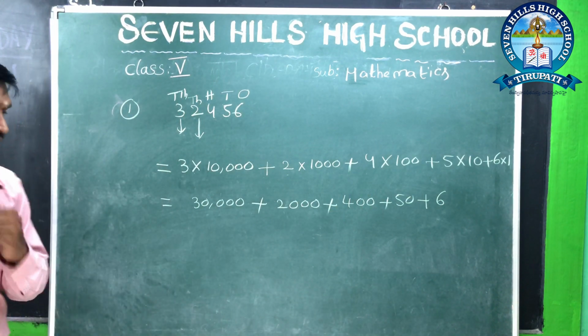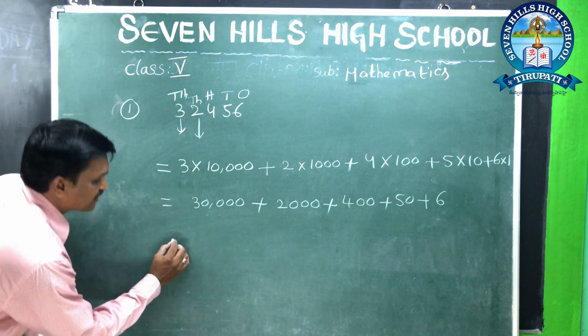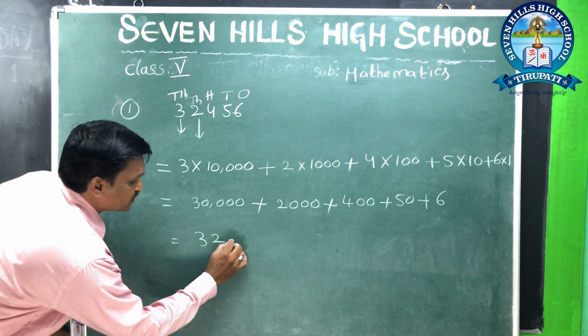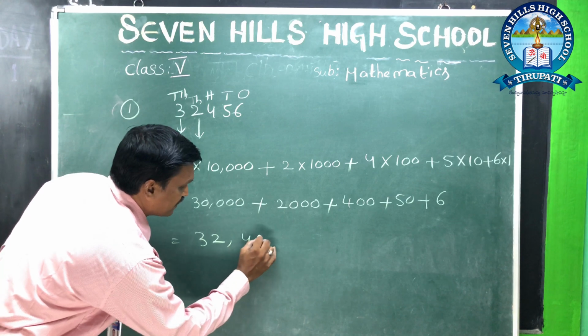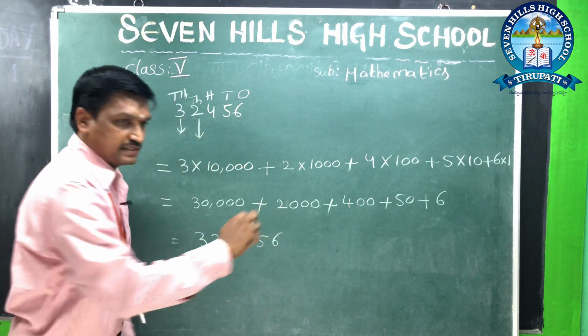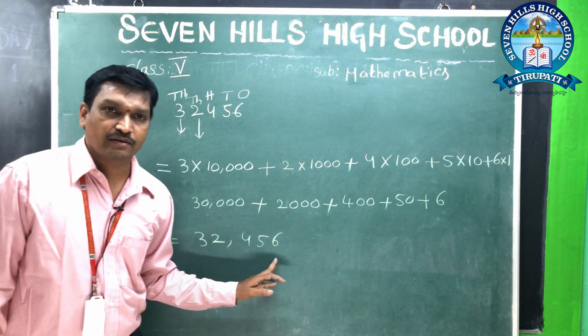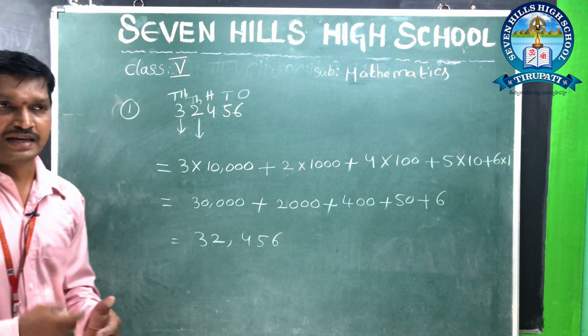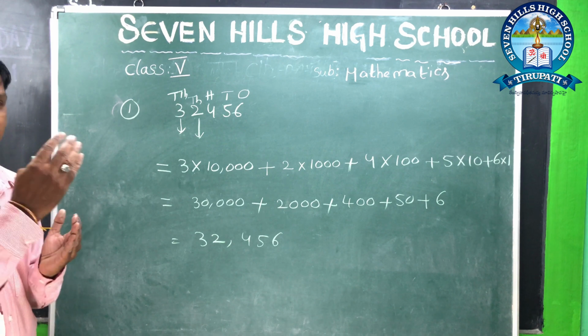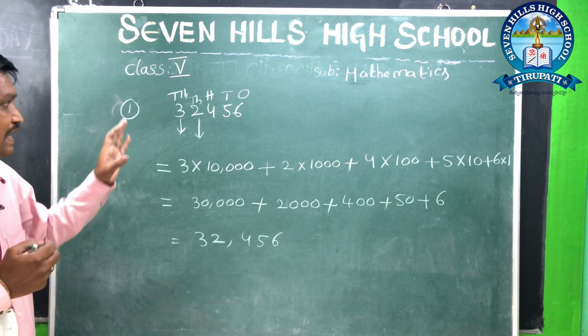The total number is here, see here, 32,456. It is the process for the expanded form of a given number.